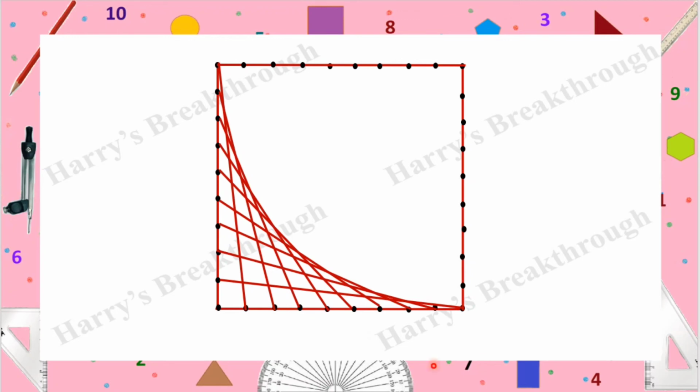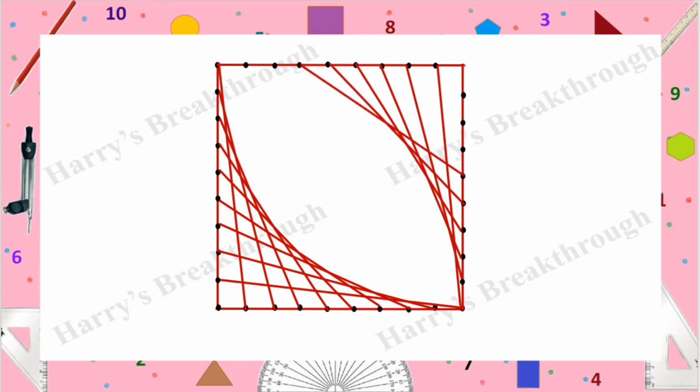Now you have to draw this same pattern at the opposite corner here. So for that, draw lines from this point to this point. So like this, draw lines and you will get the same pattern at the opposite corner. So here you got a beautiful geometrical pattern. You can use different colors.